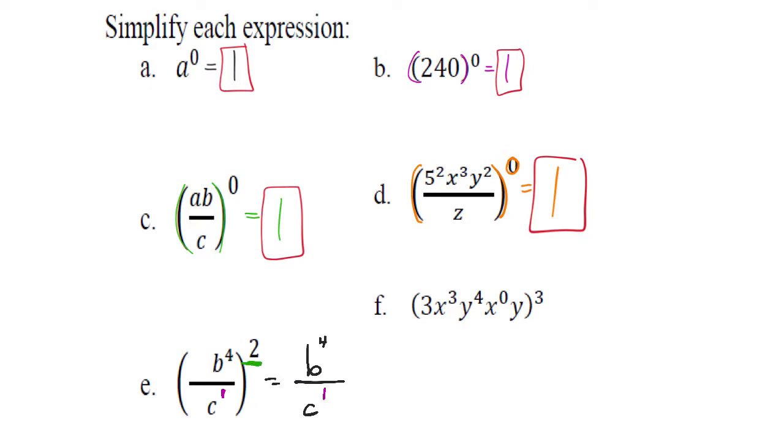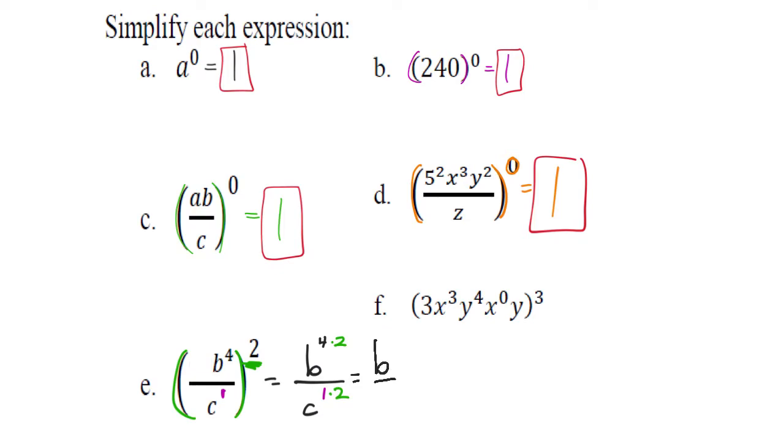But the 2 on the outside of the parentheses, I need to apply that to both exponents on the inside of the parentheses. Since it is parentheses, though, it's going to be multiplication. So for base B, it'll be exponent 4 times 2. For base C, it'll be exponent 1 times 2. And now that I've got this down, I just need to simplify this completely. See if I can make that a little smaller, though.